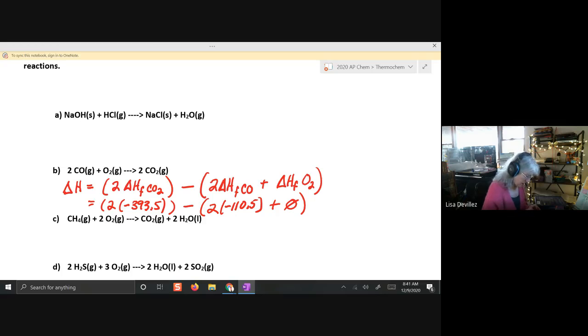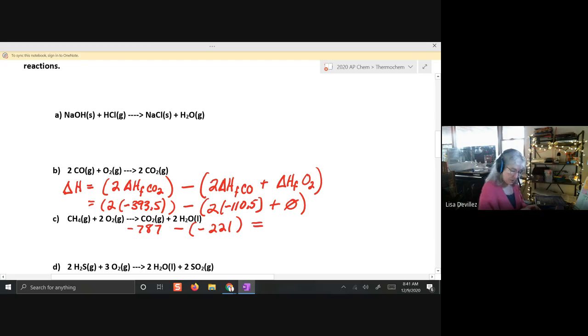All right, so we have 2 times negative 393.5, so that gives me minus 787, minus 2 times minus 110, which is minus 221.